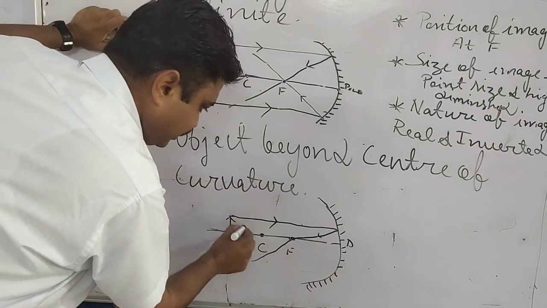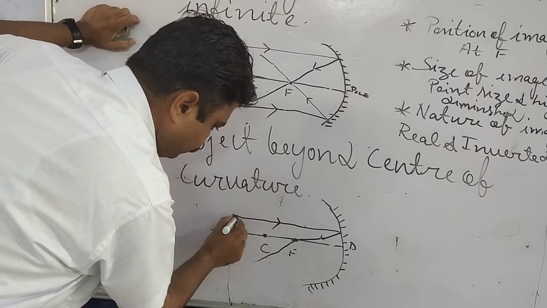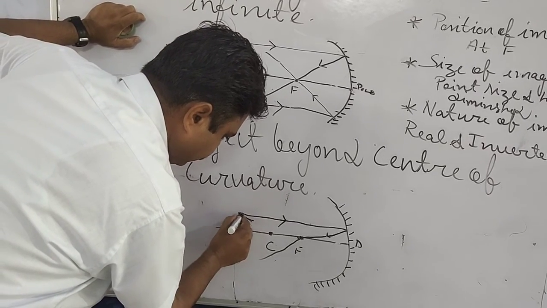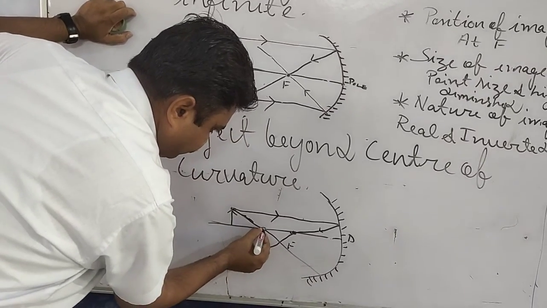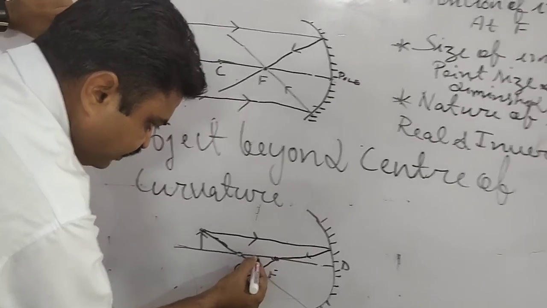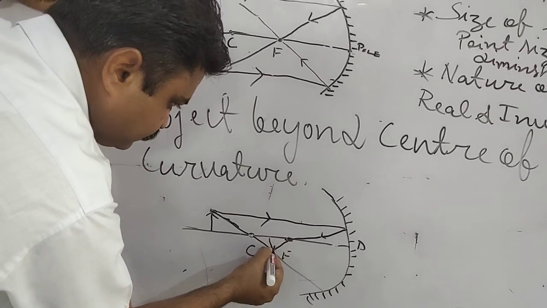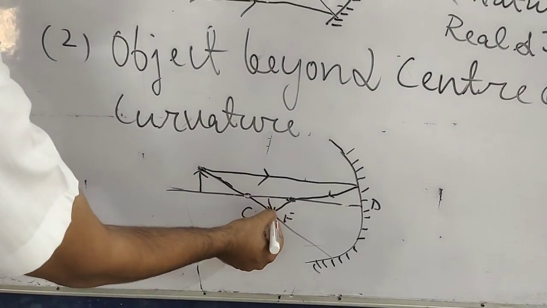Now from the center of curvature, according to the rule, a ray will pass from the center of curvature, from here. Now the image will be formed here. So this is the image.